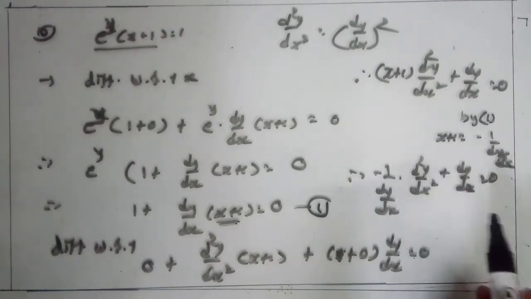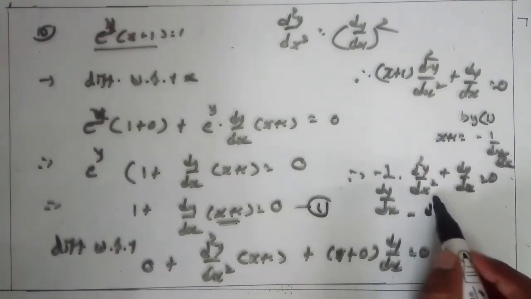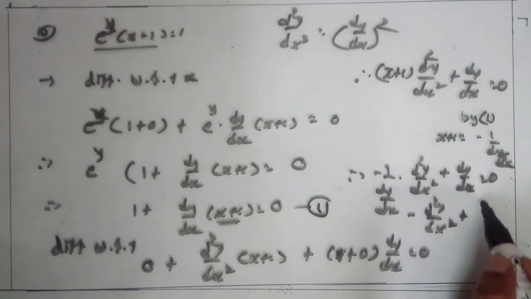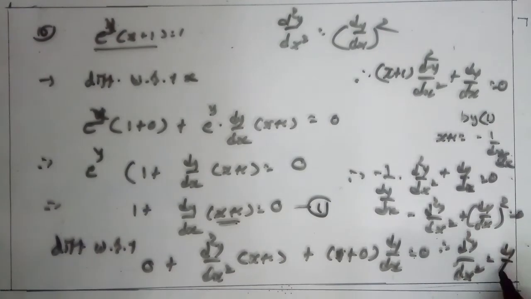Now dy/dx take LCM, so we get minus d²y/dx² + (dy/dx)² = 0. Therefore the minus term take this side, so we get d²y/dx² = (dy/dx)². Clear? Hence proved.